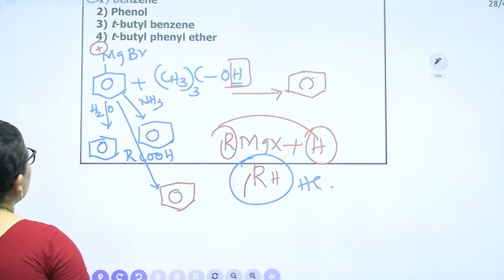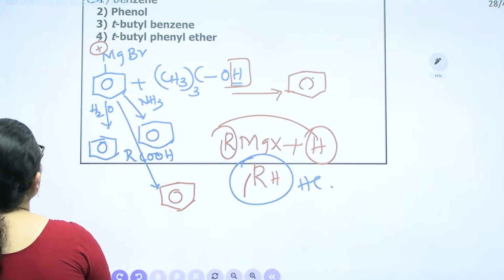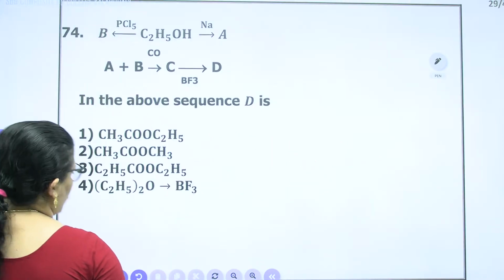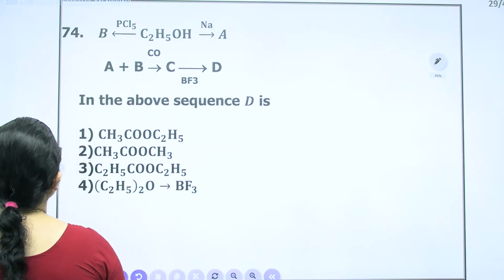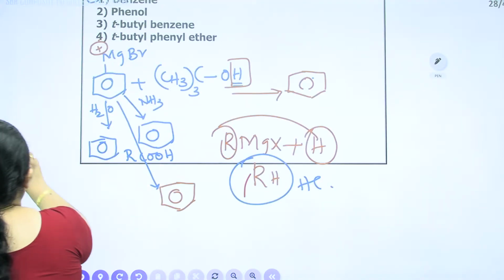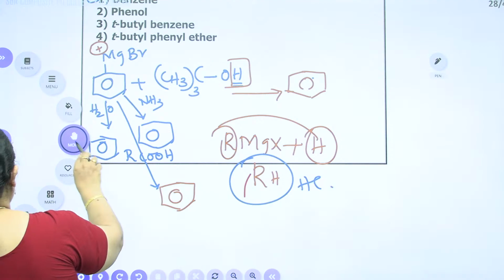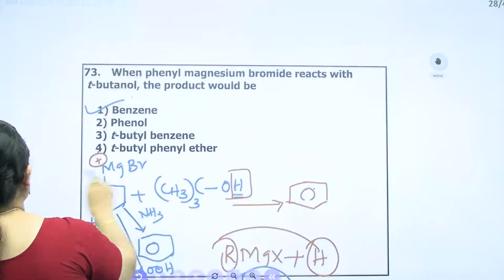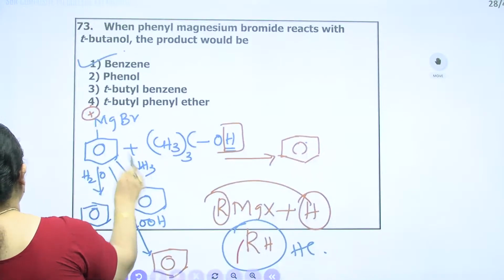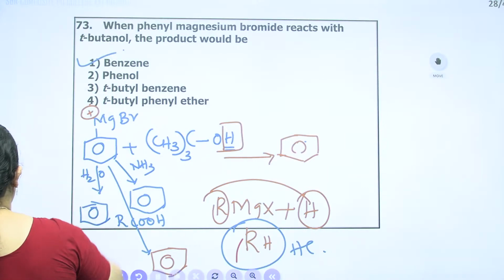Therefore, the correct option for this question is the first one, benzene. Question number 73, the correct answer is the first one.